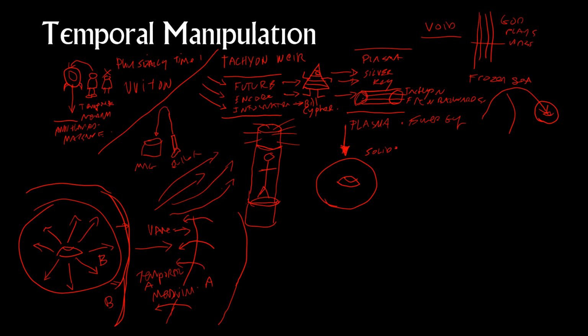And so that's kind of the grim reality of it, is that in the model that this works in, you are still unable to affect your past because of the frozen sea, right? You're being pushed along with that wave.